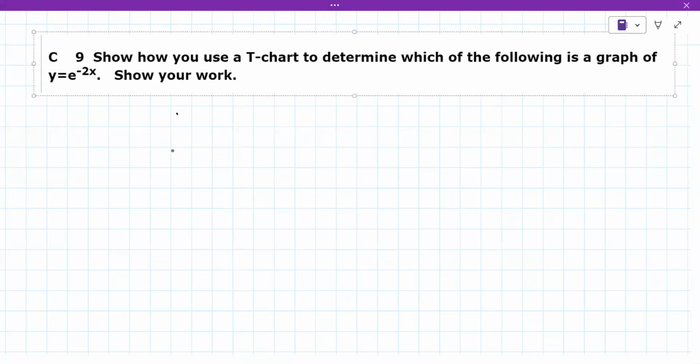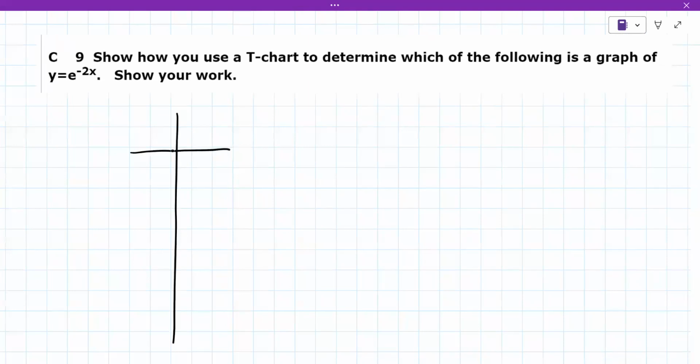All right, here we go. So here's what you have to do. You have to put in 0, 1, and 2, maybe 3 into e to the minus 2x. So you want to go to the scientific calculator. Let me first pull up the scientific because I'm in the graphing one. Okay, I'm ready.